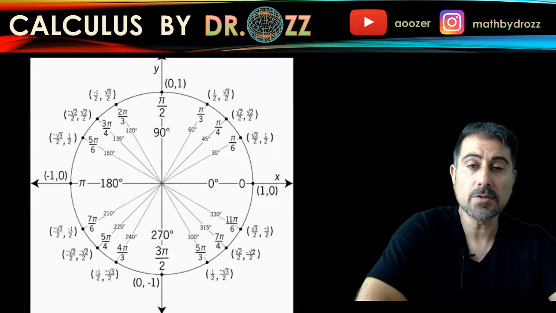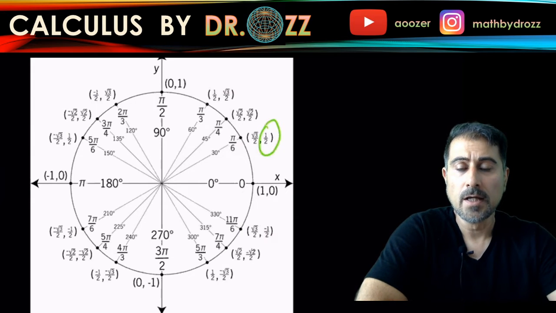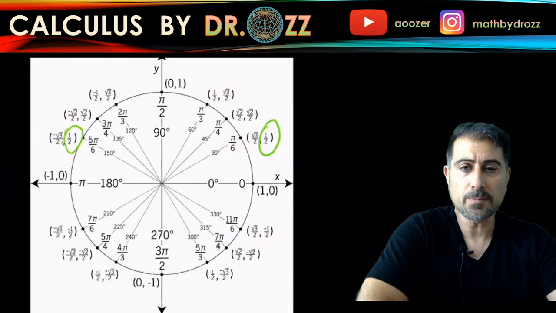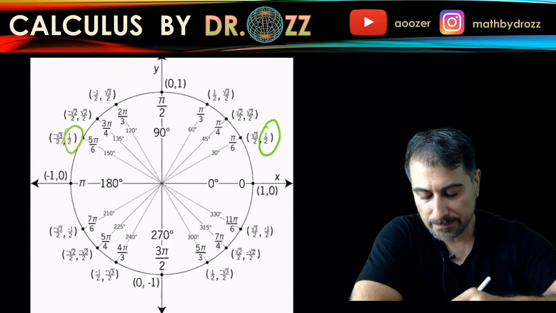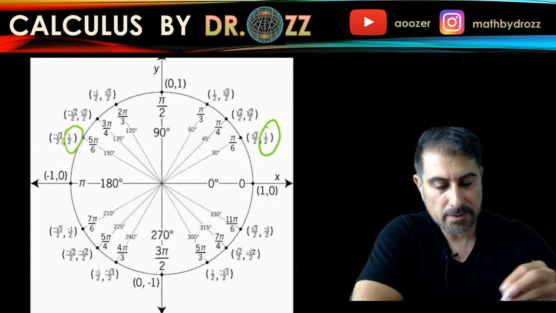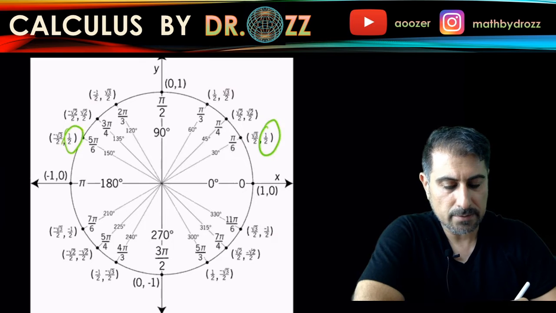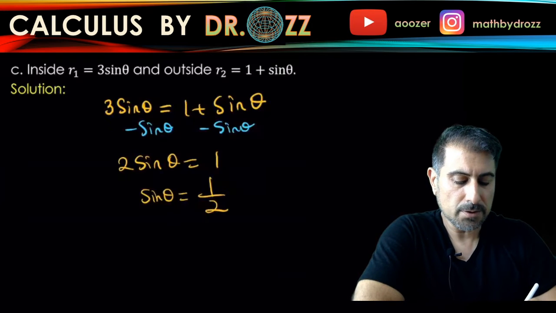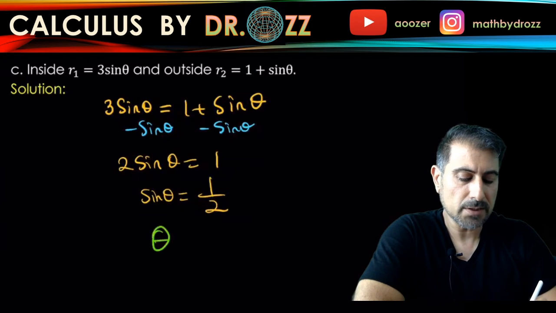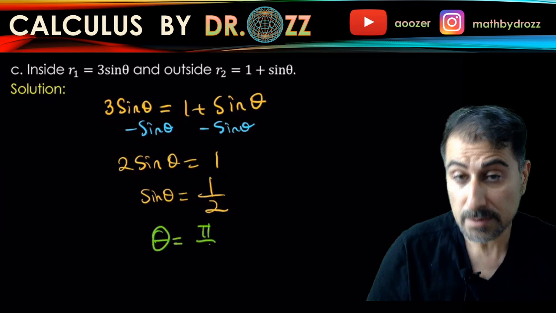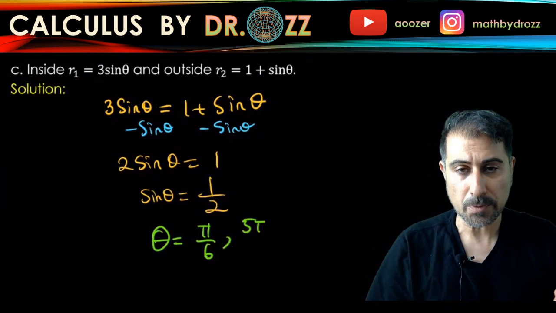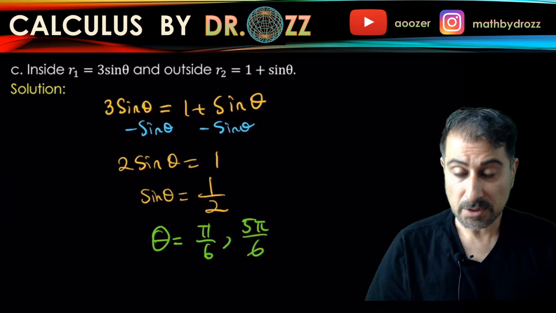We have two different instances where sine achieves the value of 1/2. These are pi over 6 and 5 pi over 6. So I can go back here and write the solution down. We have two solutions, pi over 6 and 5 pi over 6, and see how the unit circle helped us grab those numbers in one shot.